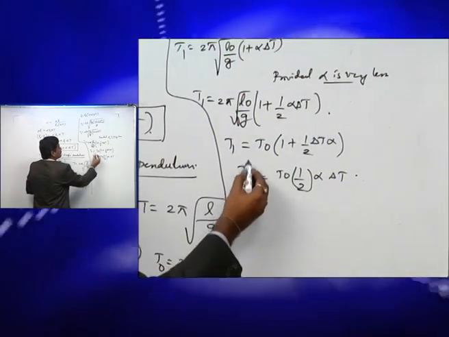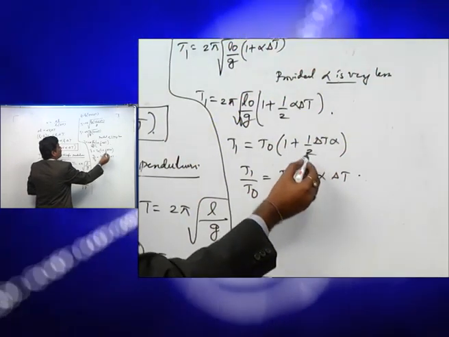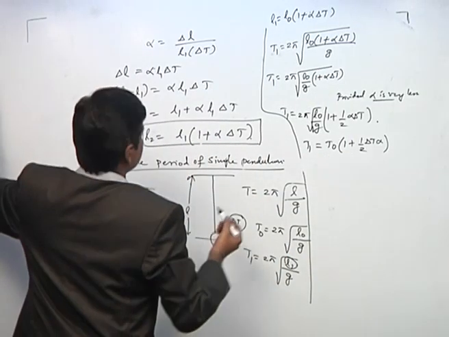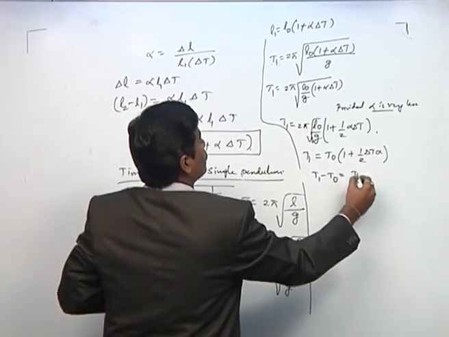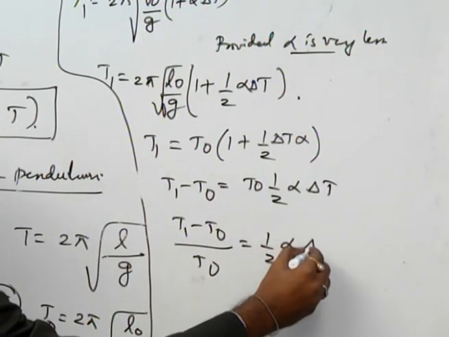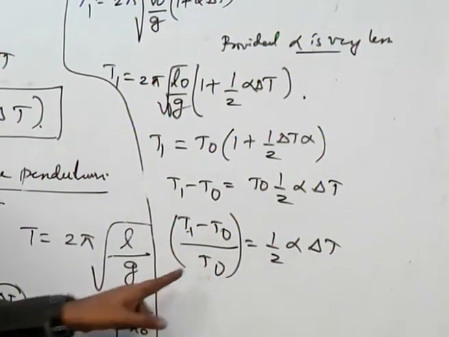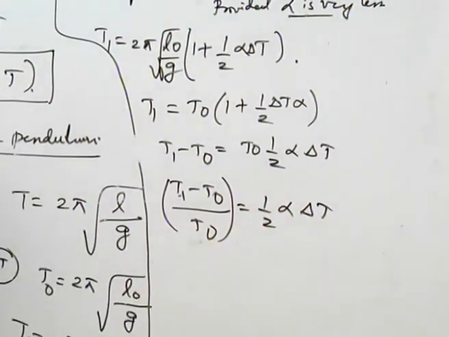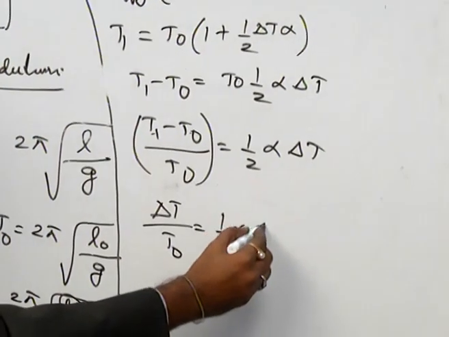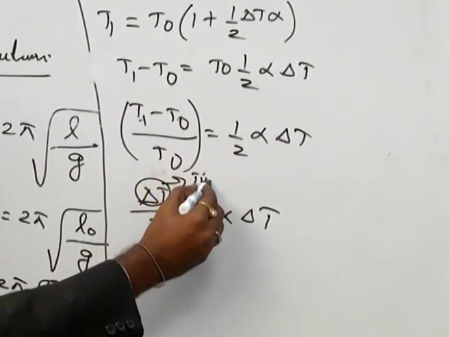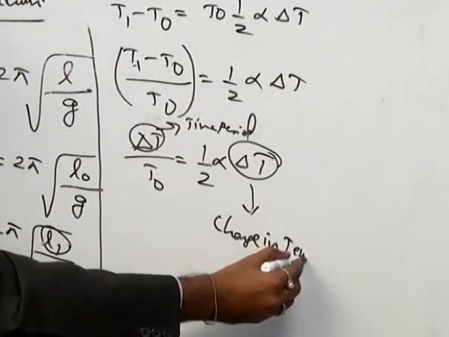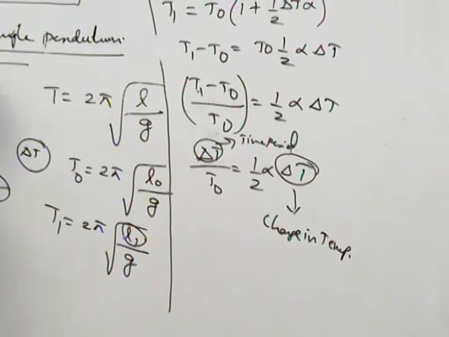See here, otherwise we can write down T1 minus T0 by T0 is equal to 1 by 2 alpha delta T. So this is the change in time period by the initial time period, how much it differs, 1 by 2 alpha delta T. This is the change in time period by T0 is equal to 1 by 2 alpha, this is the change in temperature. This is the application of how the time period of a simple pendulum changes.